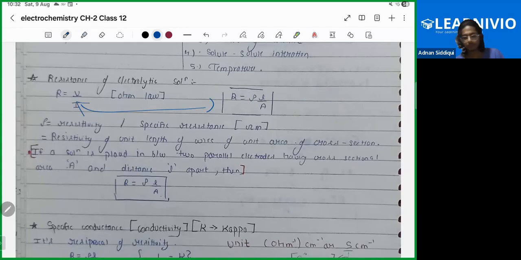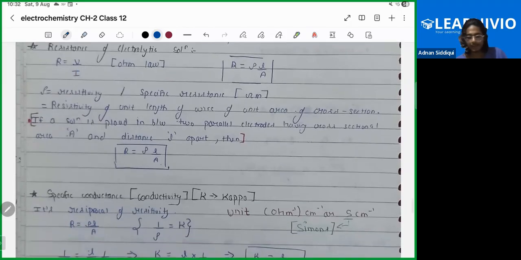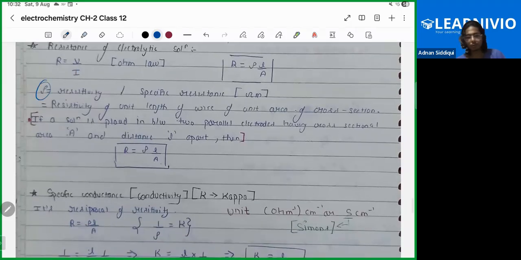Yes, sir. Now, what is this rho? This rho represents resistivity, or you can say specific resistance. Its SI unit is ohm meter, not ohm per meter. How? Let me show you. What is the SI unit of area?